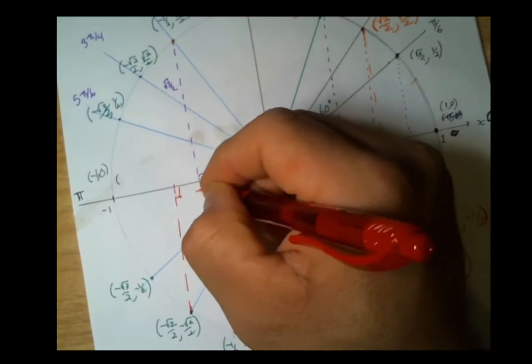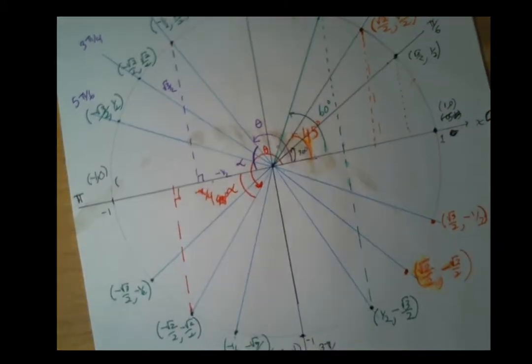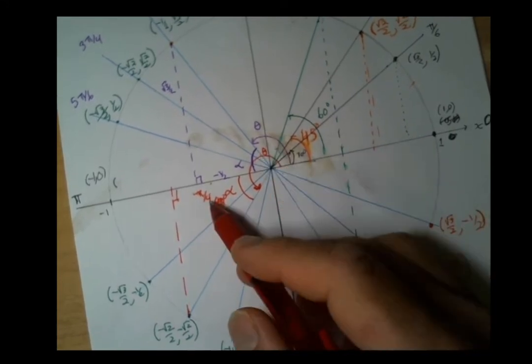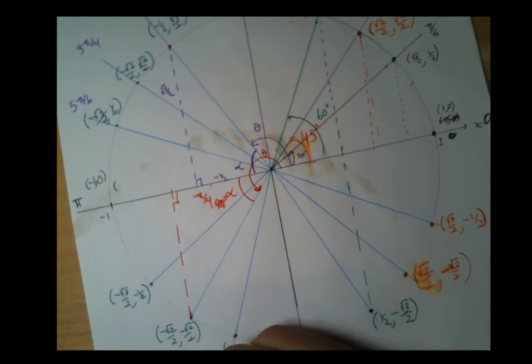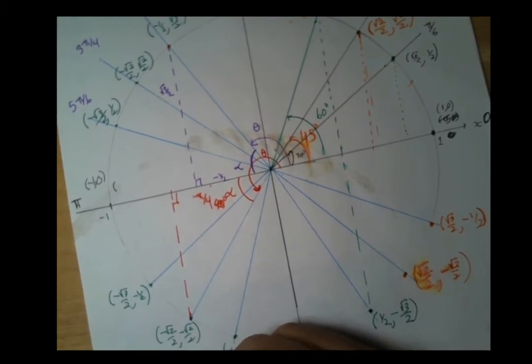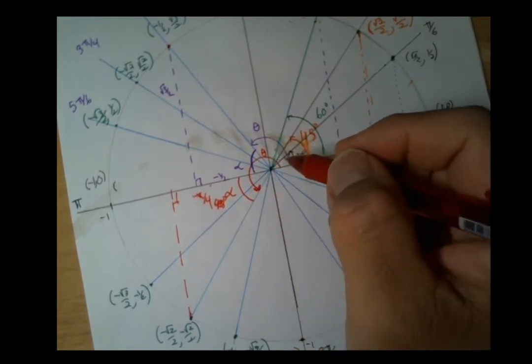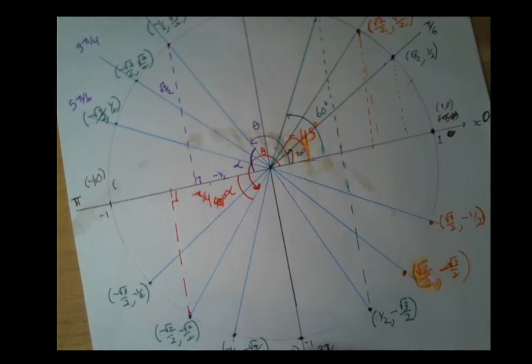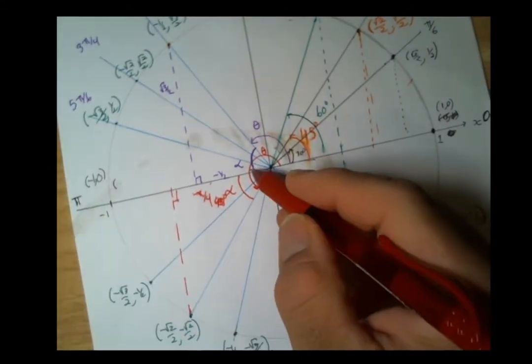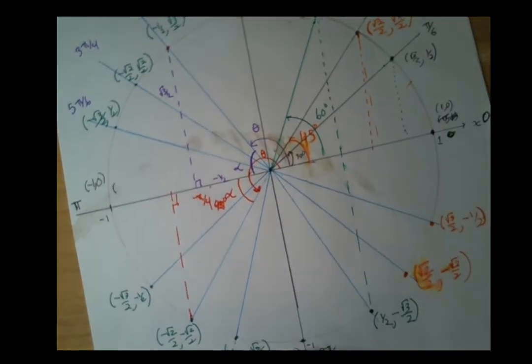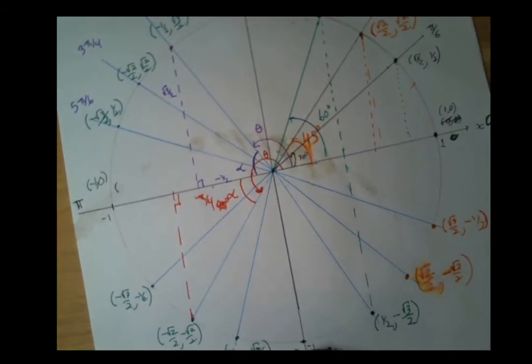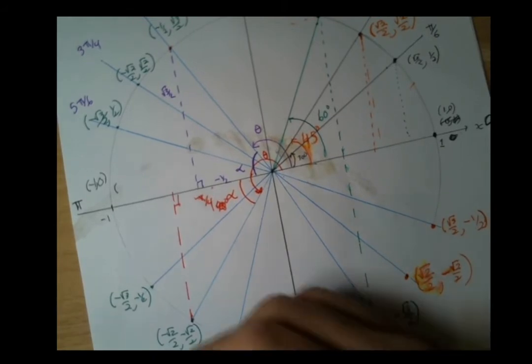Let me start using radians. Pi/4 reference angle. That means in order to find theta, theta is actually going to be pi plus pi/4. We have pi, and then that extra pi/4 to give us 5 pi/4.